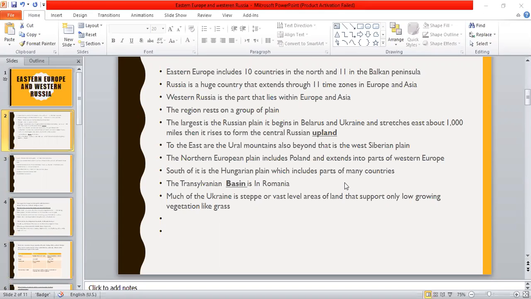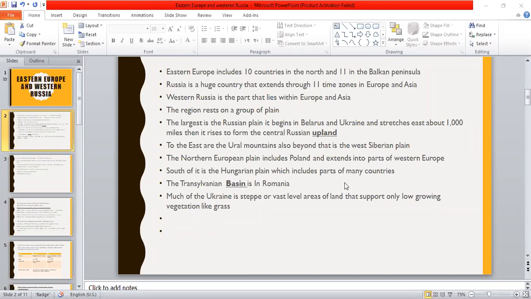I expect it to be cold because it is upland, and the higher you go, the colder it is. Okay. So we actually have several types of climate in Eastern Europe and Western Russia. Much of the region has a humid continental climate, with mild or warm summers and long cold winters.